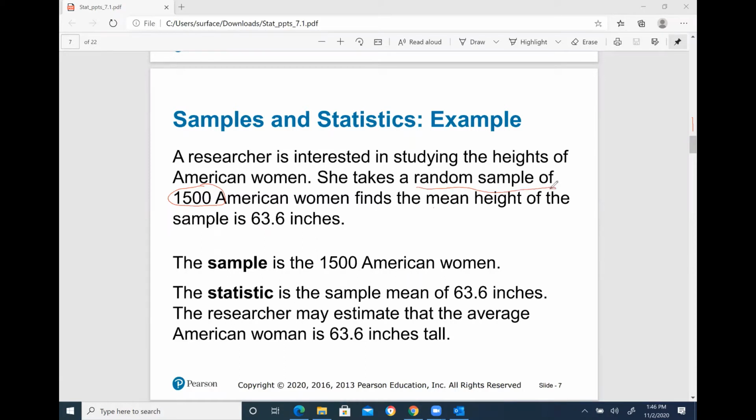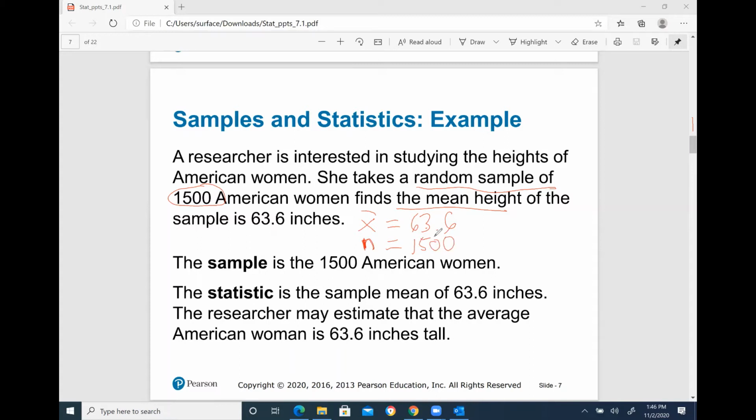So for this random sample, the notation will be n equal to 1,500, right? We have the mean of the sample, which they gave us, x bar is 63.6, and the sample size is small n. That's the sample size for the sample, small n equal to 1,500.